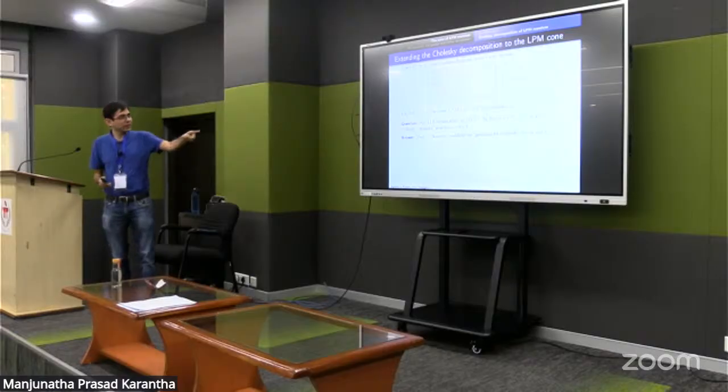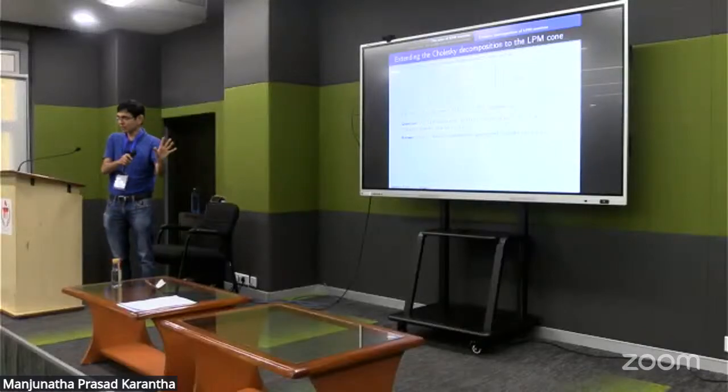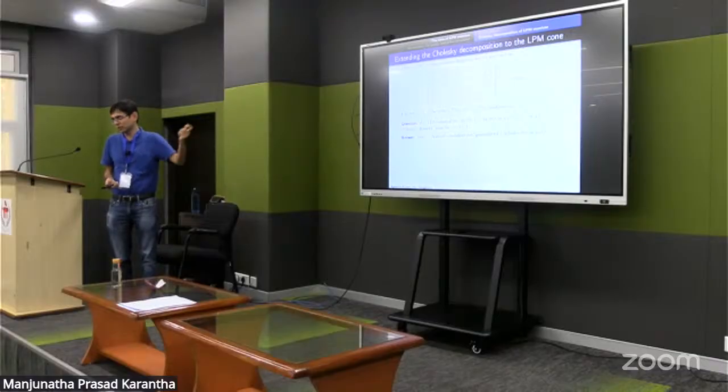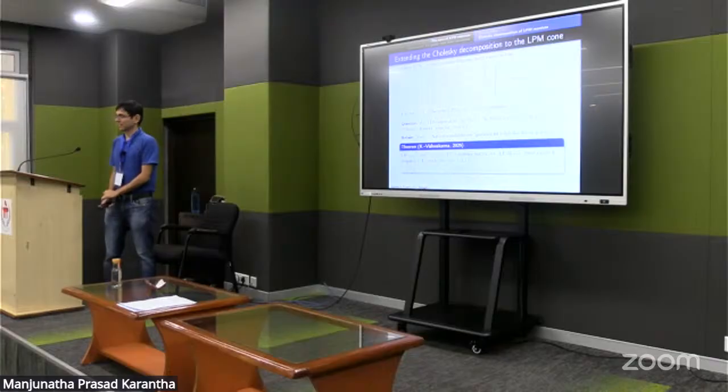Is every matrix in the cone for epsilon, whose leading k cross k minor has sign epsilon k, of the form L times D epsilon times L transpose, where L is just from the Cholesky space? That would really generalize the Cholesky decomposition to every single epsilon. And the answer is yes again. And somehow we asked a lot of people, but this seems to not have been written down.